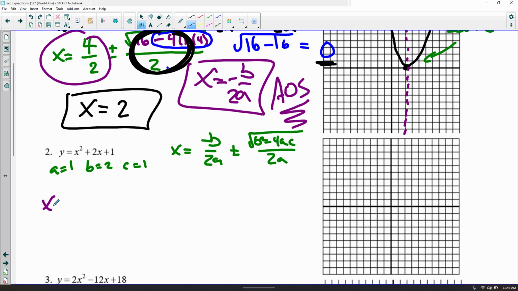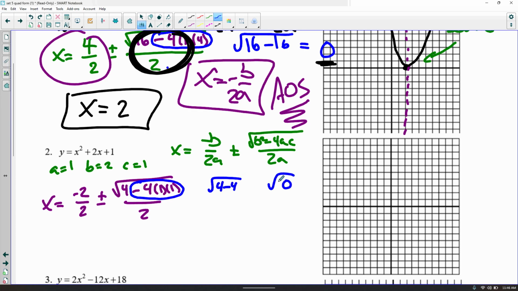So X is equal to negative 2 all over 2 plus or minus the square root of 4 minus 4 times 1 all over 2 again. Again, what's here gets multiplied first. I'm going to get 4 minus 4, which is 0.